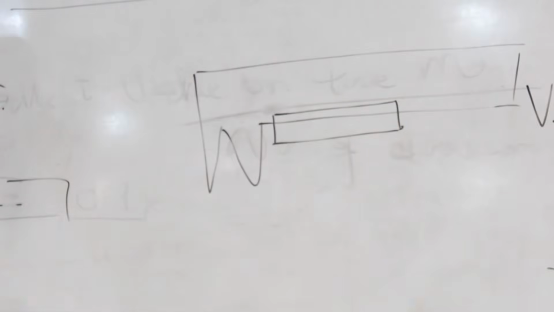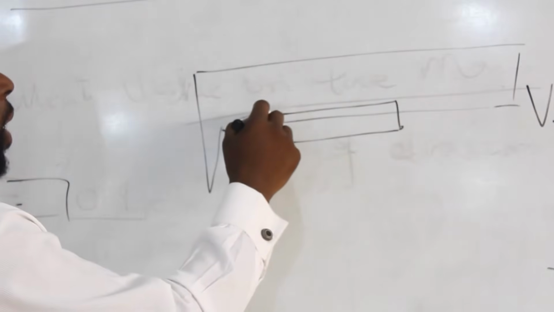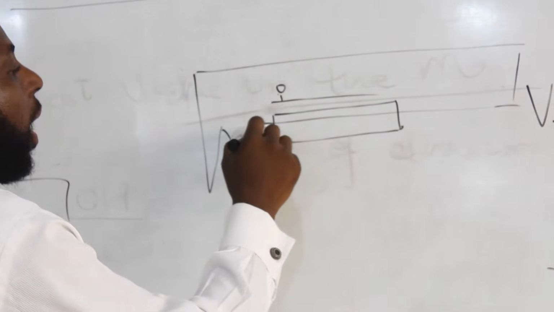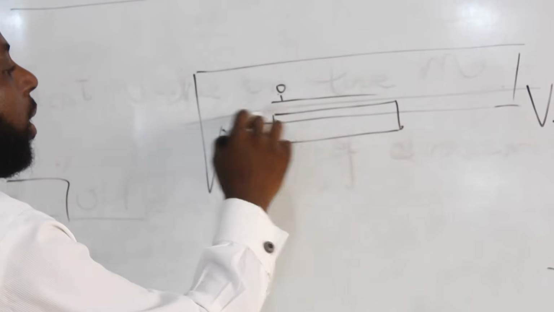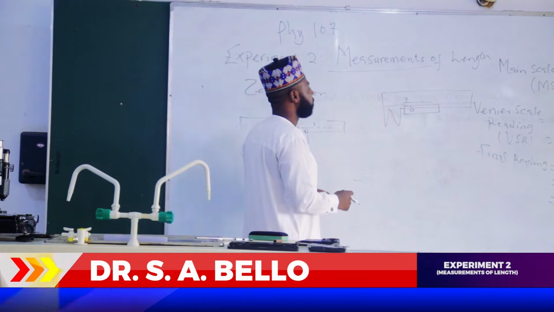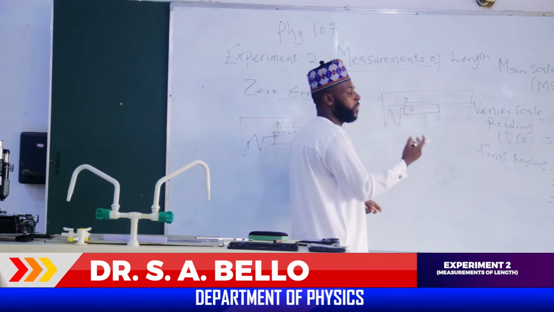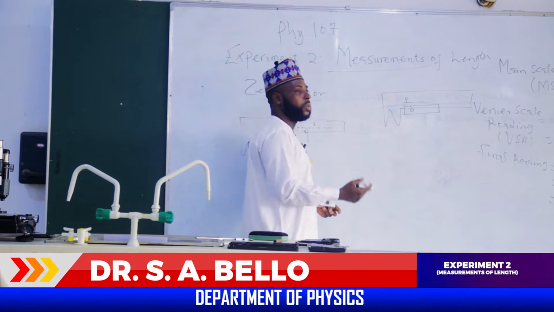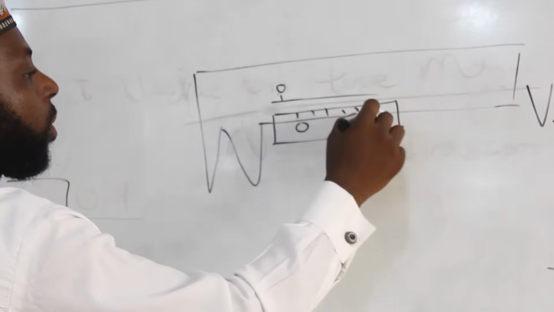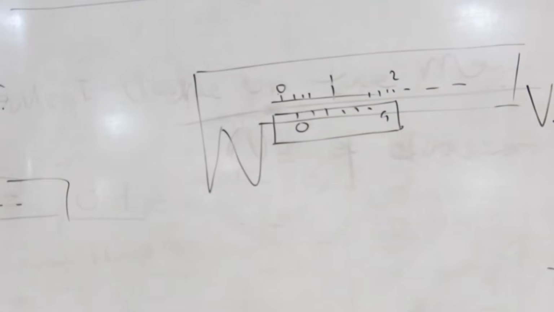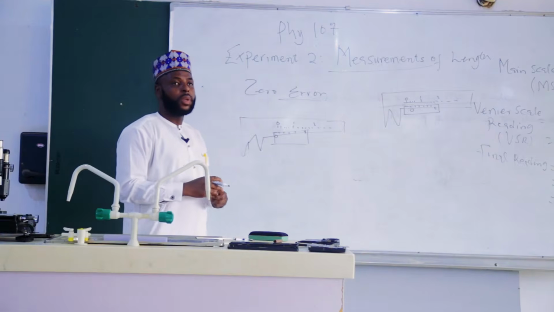Sometimes you can also have another special case whereby you have your zero mark like this, and your main scale zero mark is leading the zero mark of the vernier scale. Something like this, in that order. So how do you deal with these two types of cases?